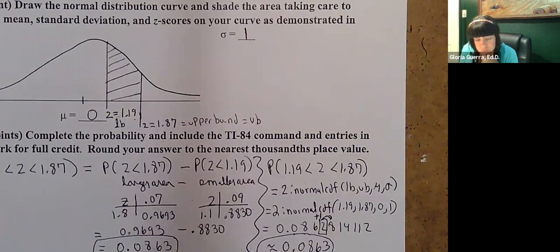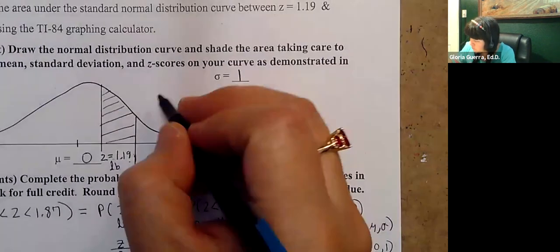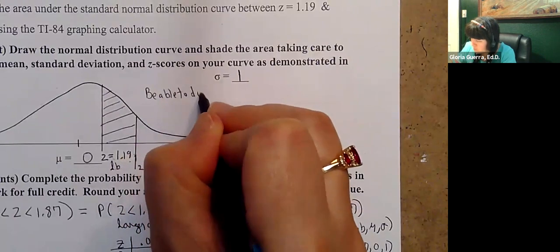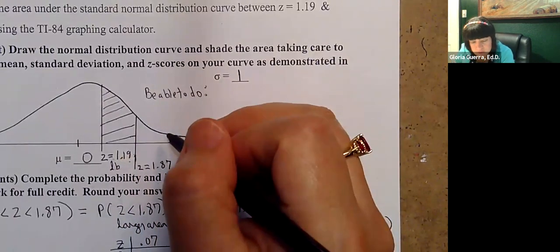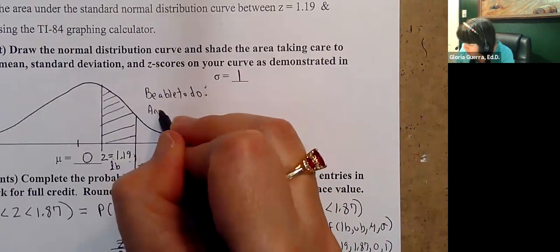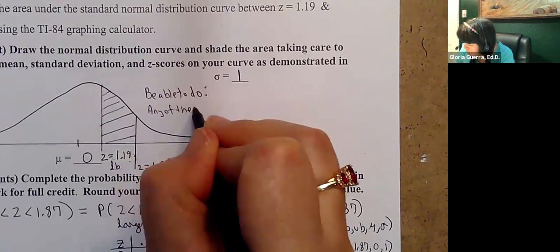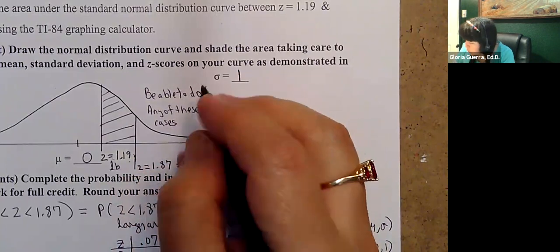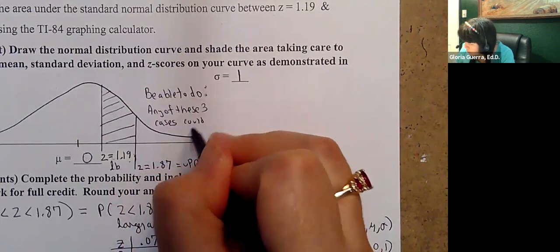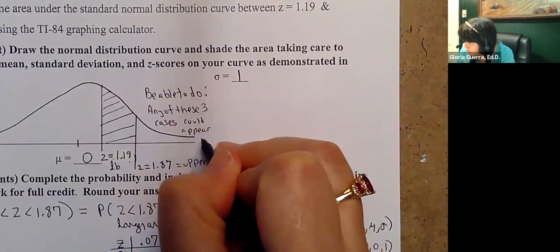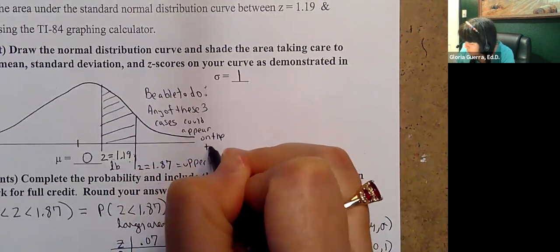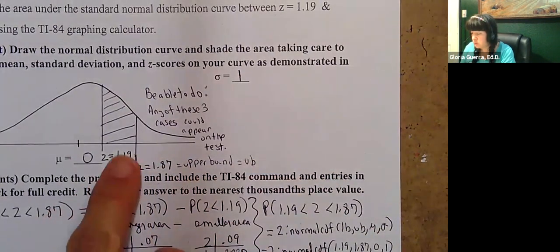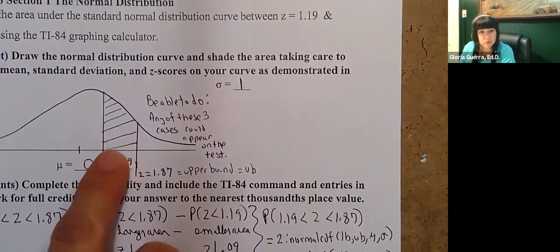Write this down: any of these 3 cases could appear on the test. Remember there were 3 cases when we first started this section 6.1.